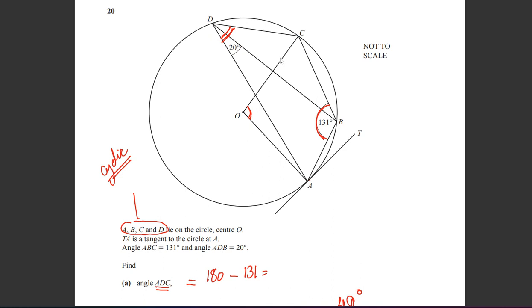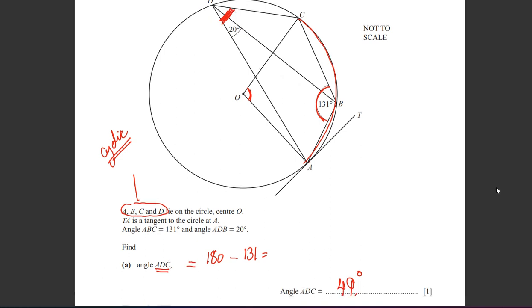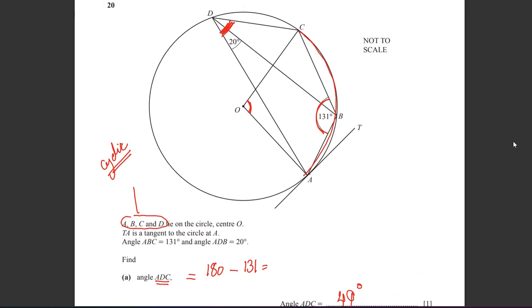If I see this arc, which is AC, and this is the central angle of it, I can see that this angle is sharing the same arc, which is 49. So what is the relation between the central angle and the circumference angle? The central angle is double the circumference angle. So if I have the circumference angle, I take it and multiply it by 2 to find the central angle.